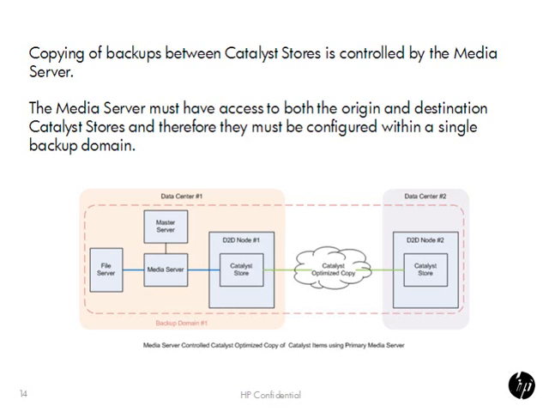Now the ISV, once it's configured those backups and it's run those backups, will then choose to do copies to the second Catalyst store that we see in data center number 2. And this is done in a bandwidth efficient way. So just like replication, it only transfers the unique data from one store to another.